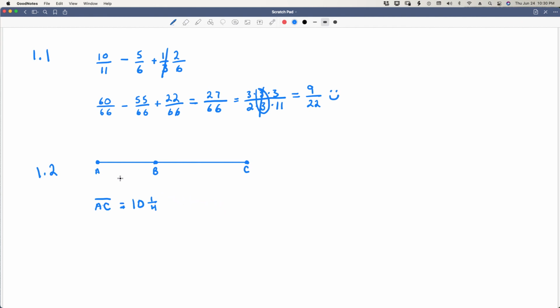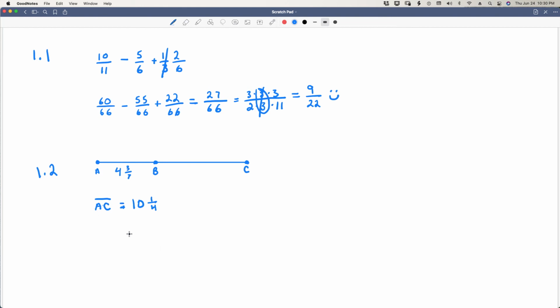And then we're told that AB is 4 3/7. So this is 4 3/7 right in here. So what we need to do is find the difference between this entire length and the length of segment AB. And then that will give us the length of BC, which is what we're asked to find next.